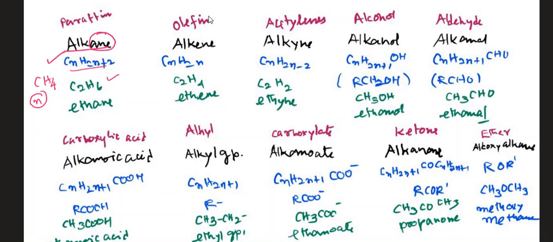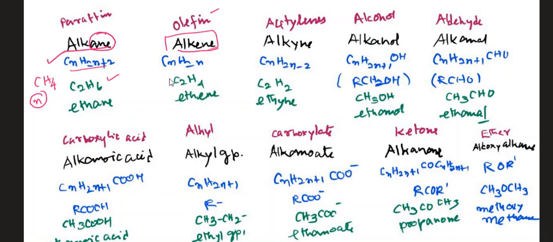Then olefin, it has a double bond, and their original name is alkene. So alkenes can also be called olefins. Most of the oils contain such types of compounds. So oli is the prefix for oil base; basically it may be present in oils.